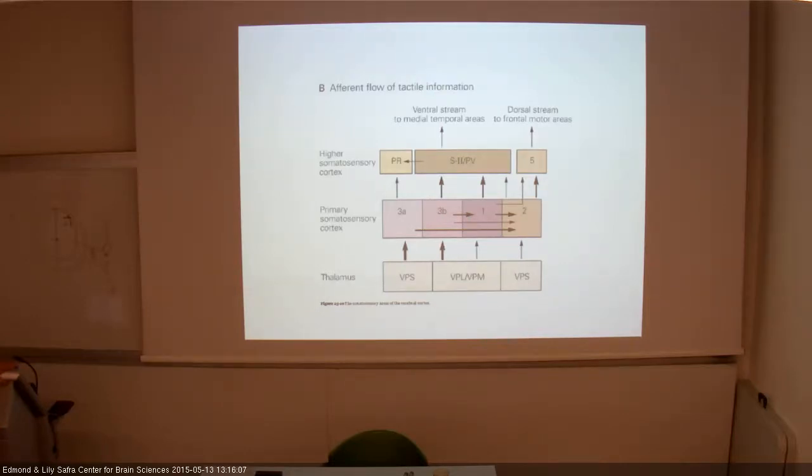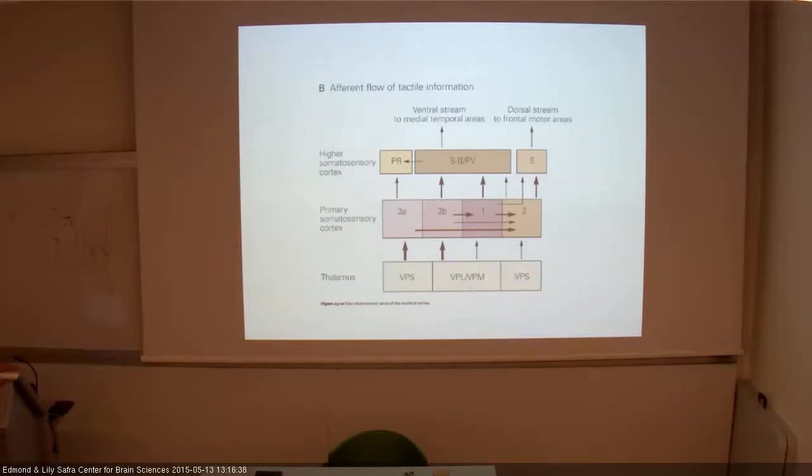If you follow the information from the periphery, the fastest, or primary, information goes through area 3A, or in general area 3, where it gets information from different locations in the thalamus, VPL or VPM. It depends on whether it's rats or humans; in humans they usually call it VPL.